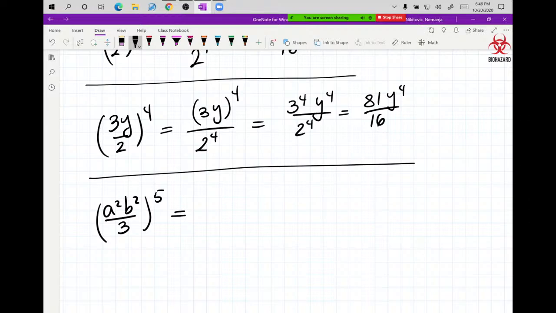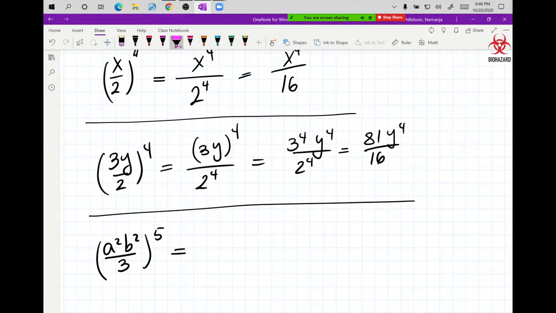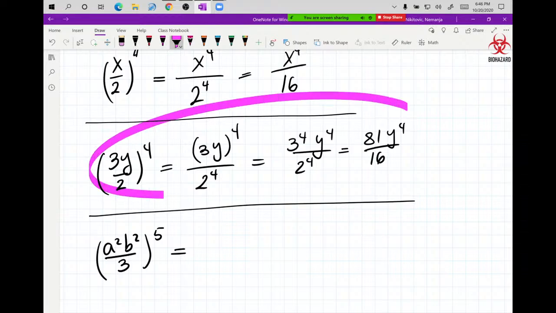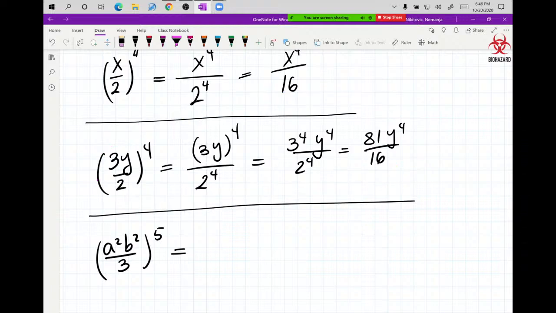I'm sorry, how do we get the 81y to the 4th? So we have to start from the... guys, if you understand this problem, please work on this one, and I'm going to explain this problem here again. So this 4 applies to every single individual factor in the parentheses.